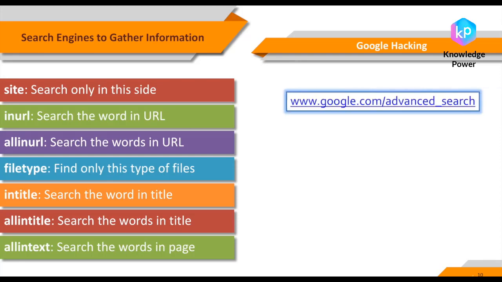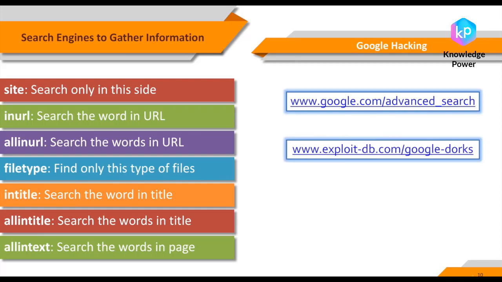You can see the details of advanced search in Google at google.com/advanced_search. You can find a lot of specific queries on exploit-db.com/google-dorks.